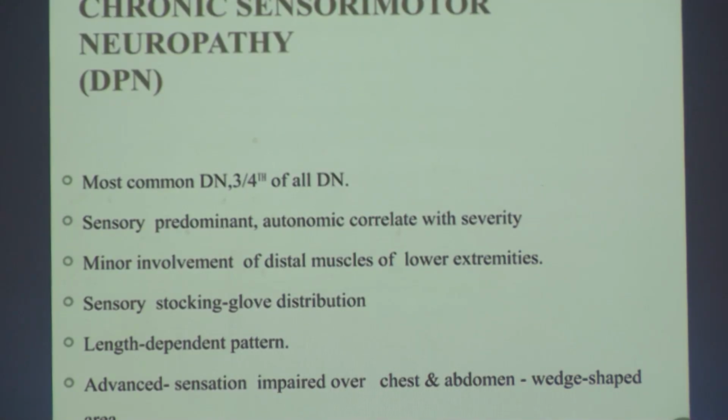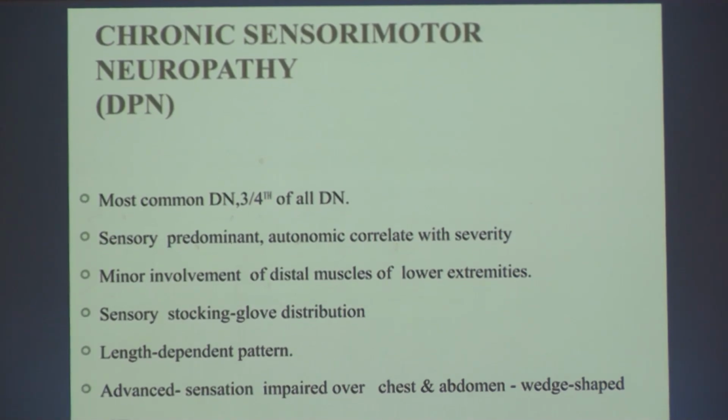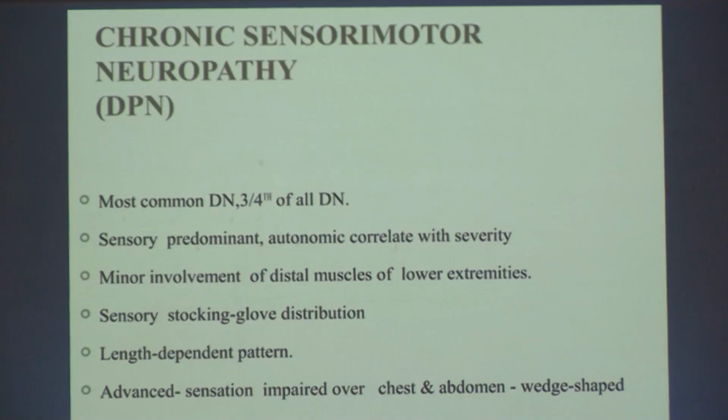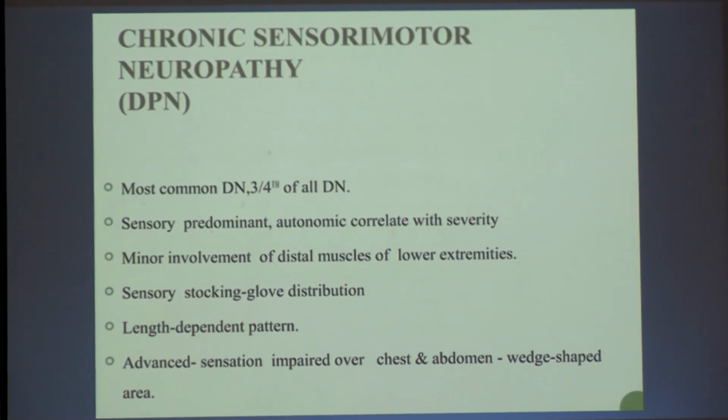The sensory impairment is in a stocking and glove distribution, involving the lower limbs in a length dependent pattern. An additional feature is loss of sensation in the trunk, especially the abdomen or chest, which may also be noted.